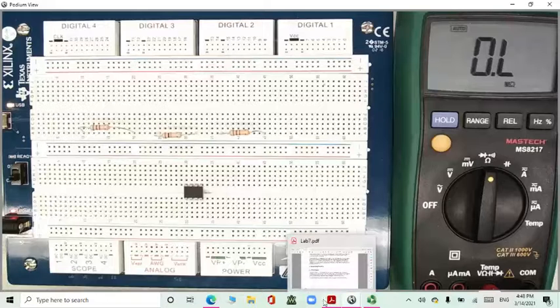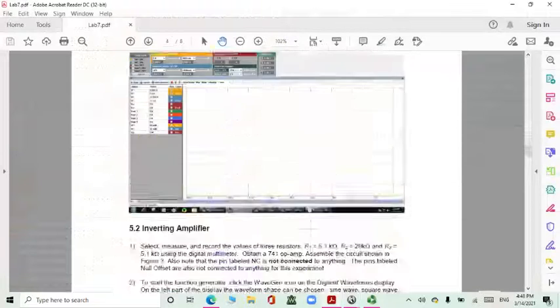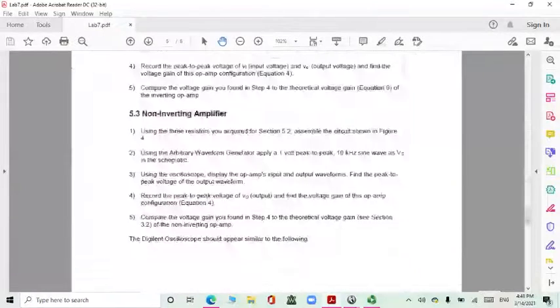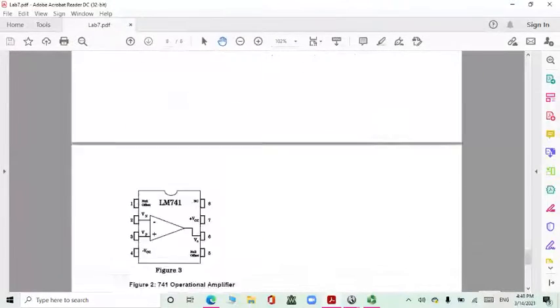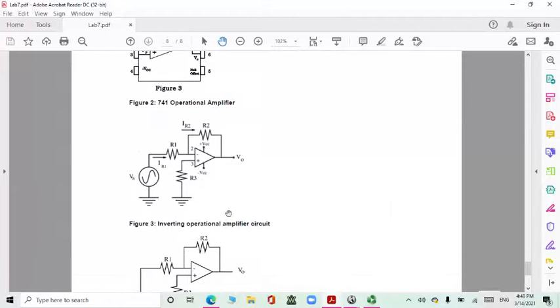Here you can see R1 is connected to pin 2, so it connects your supply or waveform generator with pin 2, which is the inverting input. R2 is your feedback resistor, between pin 2 and pin number 6.